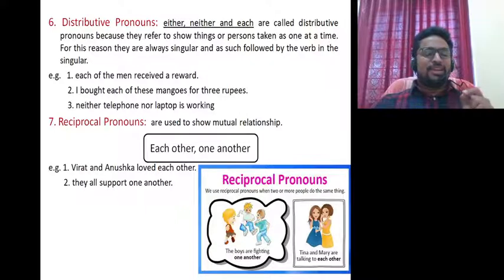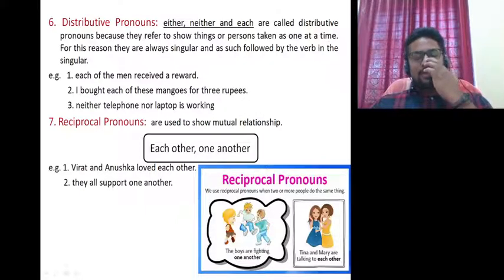For example, in a sentence you are able to find what the reciprocal pronoun is. Virat and Anushka love each other. When Virat loves and Anushka declines, there is no love between them, right? So they are reciprocating, giving and taking each other. To describe such a context, we use these to show the mutual relationship.